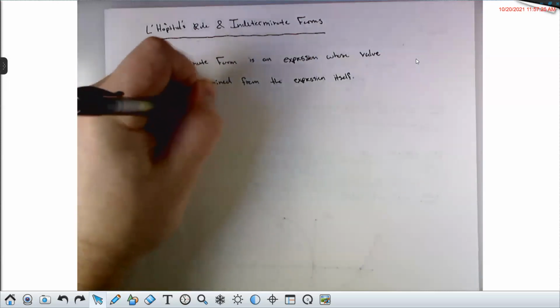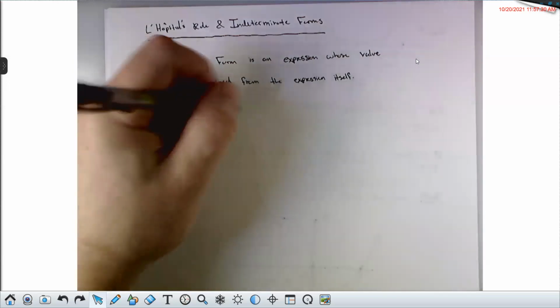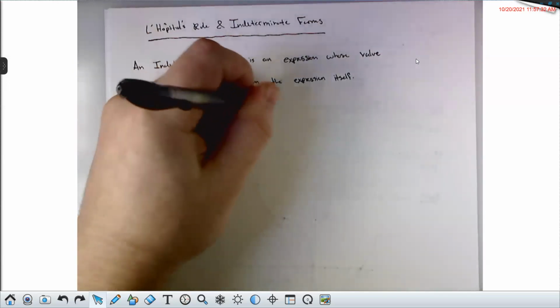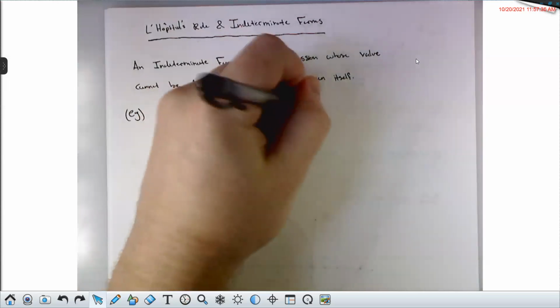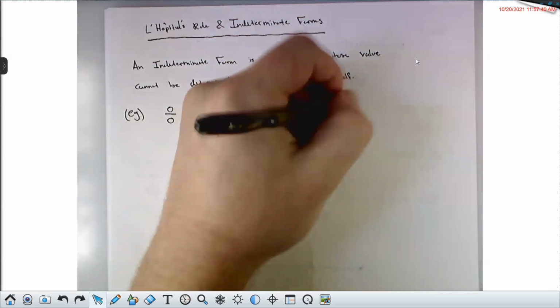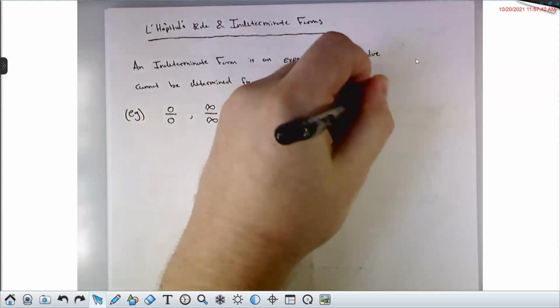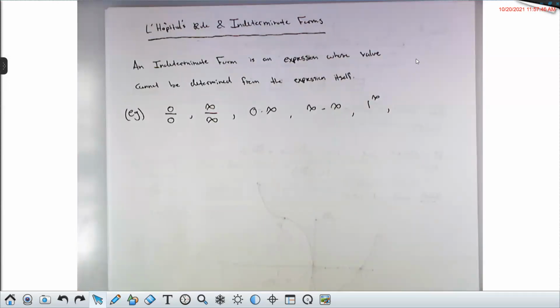Other examples include infinity over infinity, 0 times infinity, infinity minus infinity, and then my favorites, 1 to the infinity, and I feel like I'm forgetting one here.